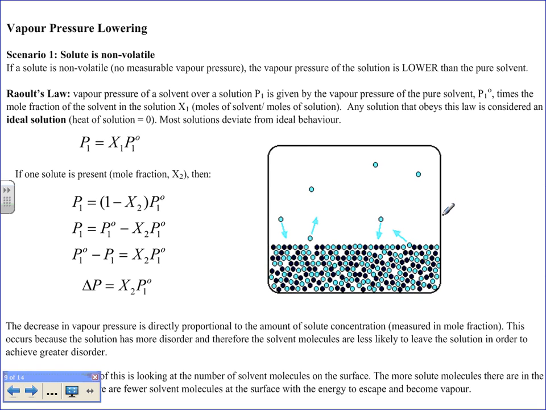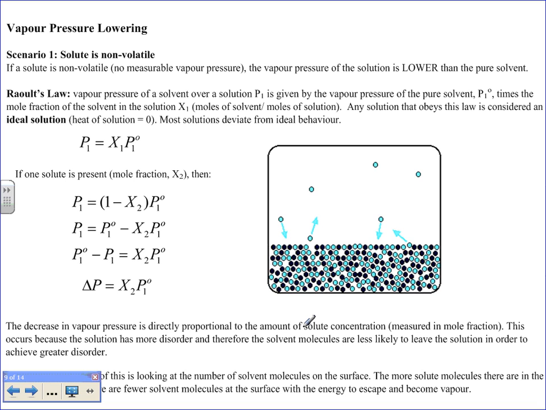The thermodynamic reason for this is that by allowing for greater disorder in the solution, the system isn't seeking disorder by allowing vapor to be produced. Overall, it's satisfied with the entropy of the disorder from the solution. So fewer molecules are escaping the surface.